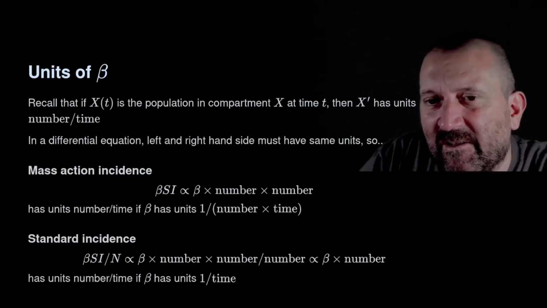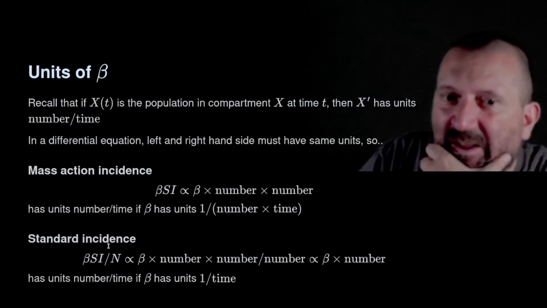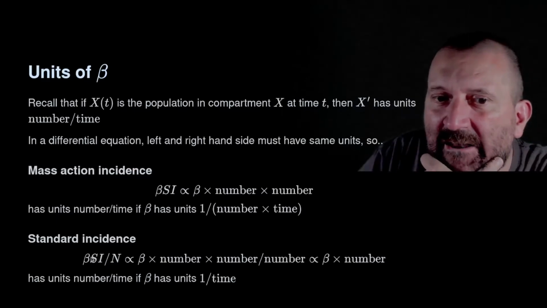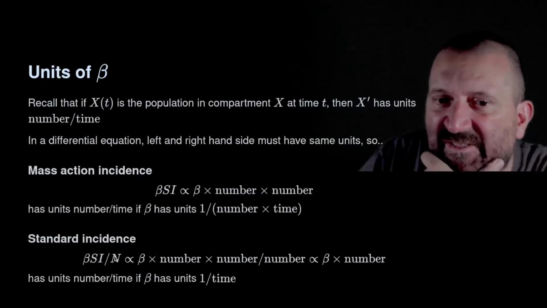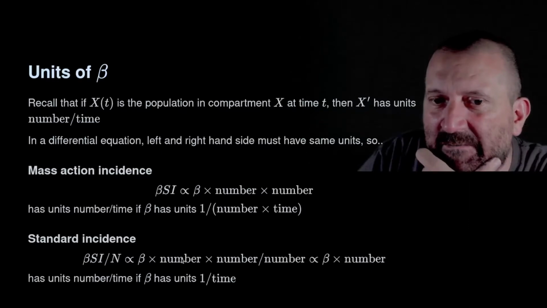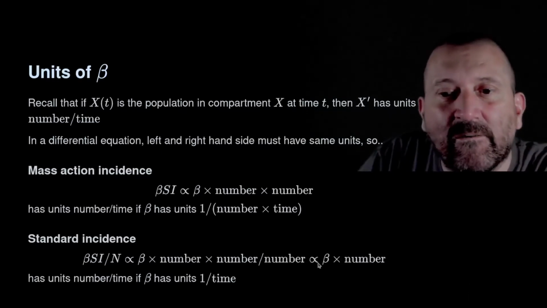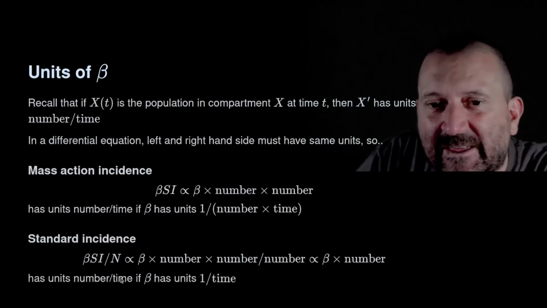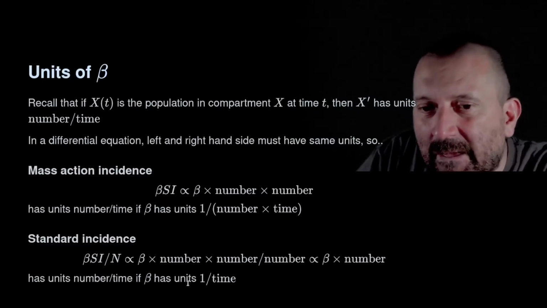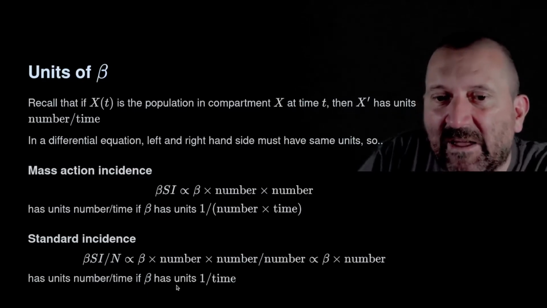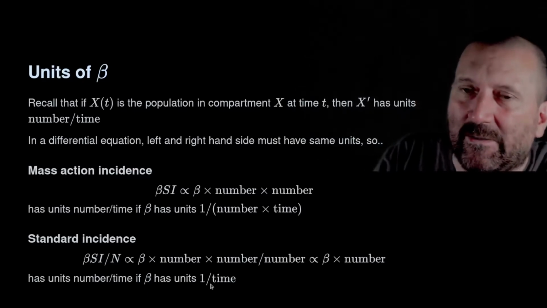Whereas if I have beta SI over N, this is number, this is number, this is number. So I have beta times number divided by number, that's beta times number. So here my units are number per time if beta is per unit time.